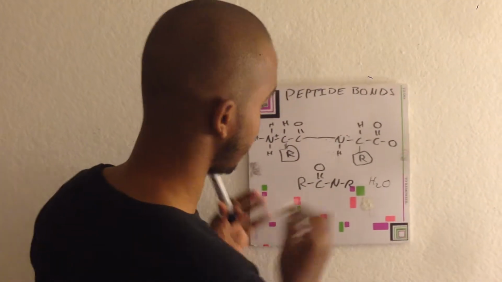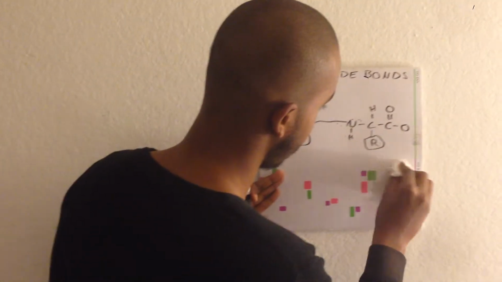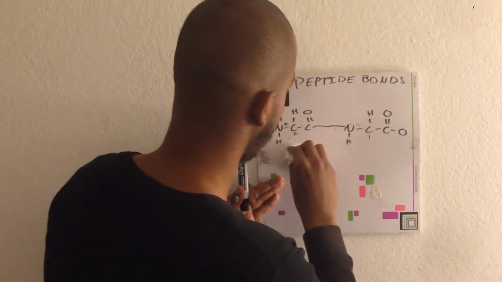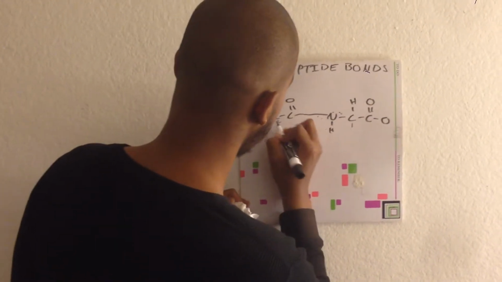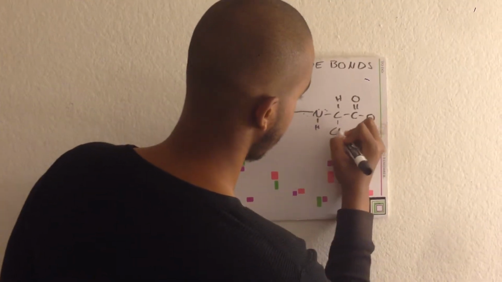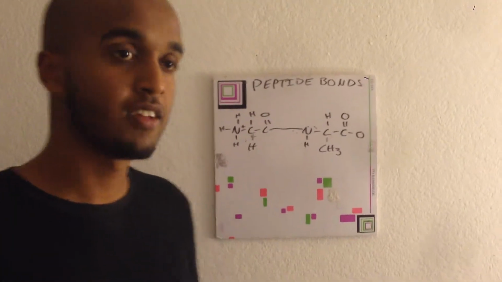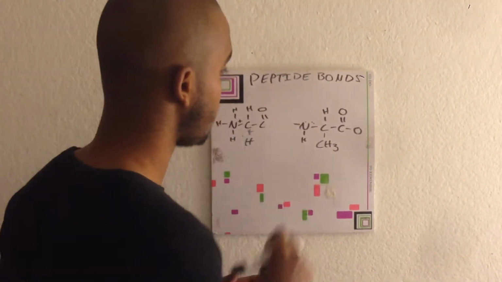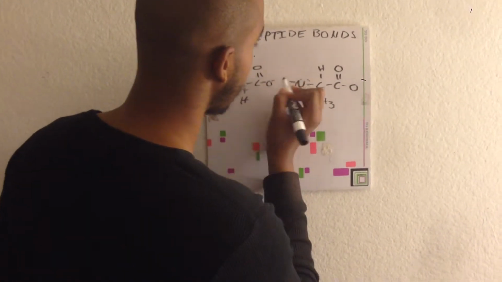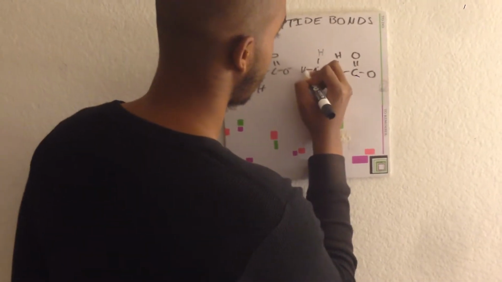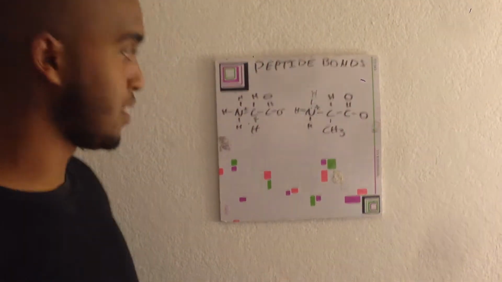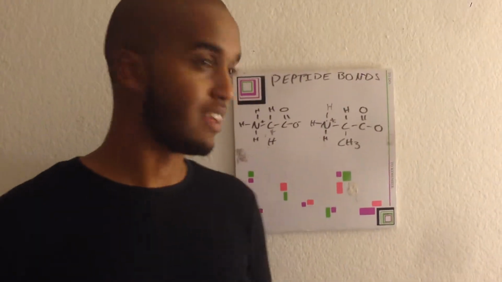Now, to use real-world examples, I shall use glycine and alanine. For glycine and alanine, you bond them the same way you bond arbitrary amino acids.